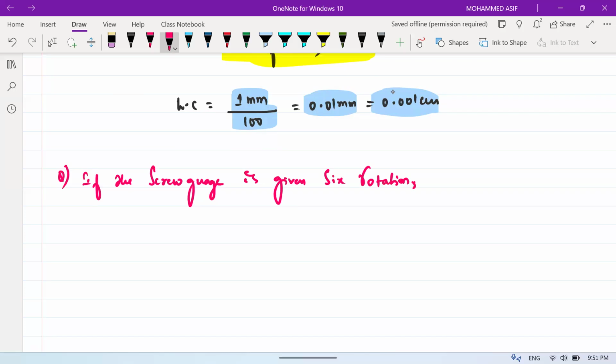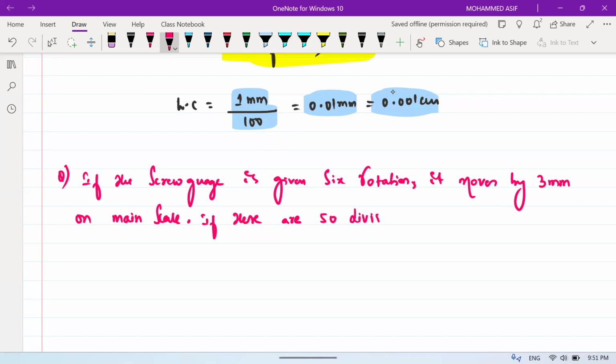In 6 rotations, it moves by 3 mm on your main scale.